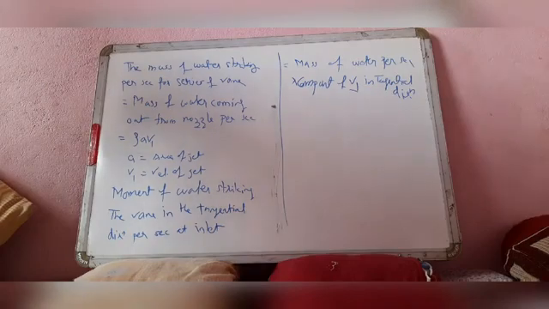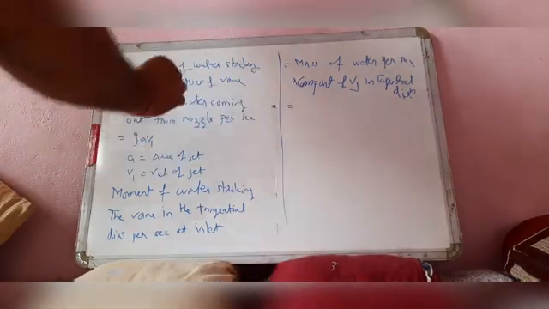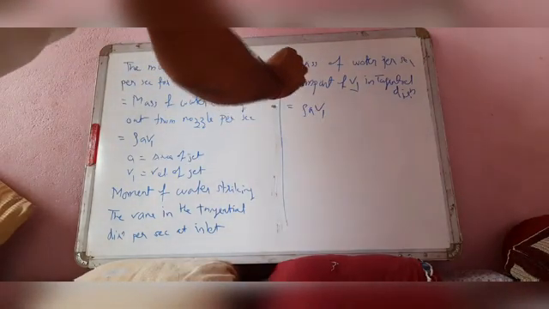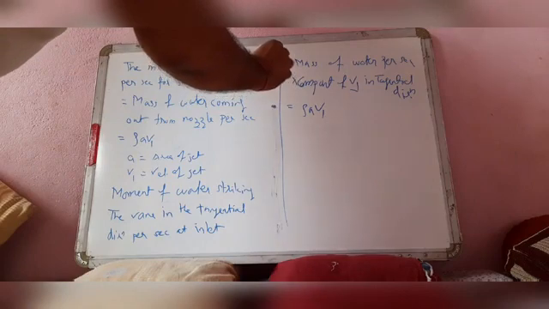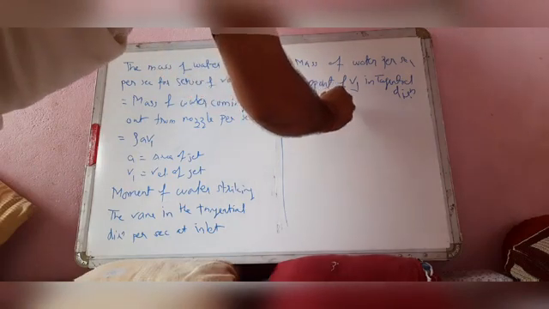So here the mass of water striking per second is rho A V1 and the tangential component is VW1.